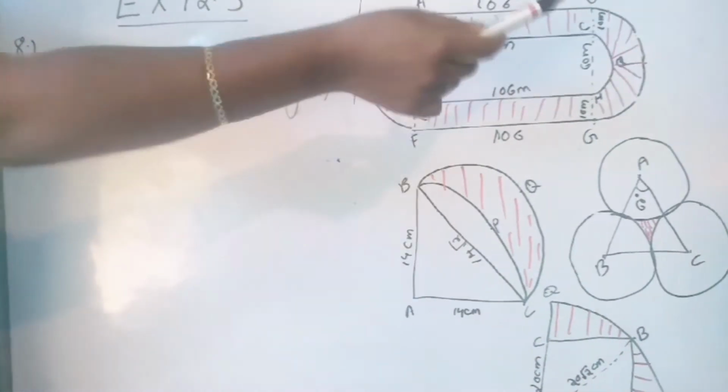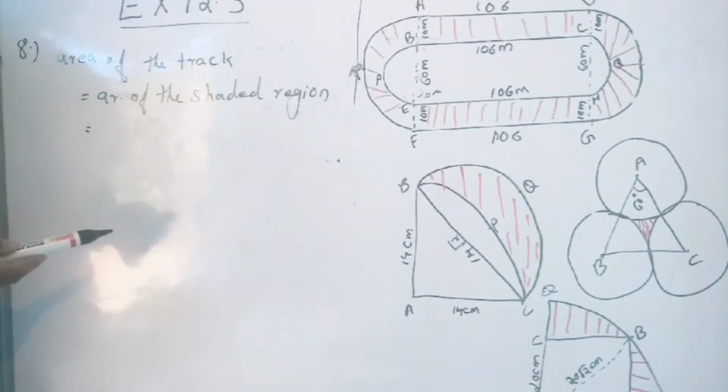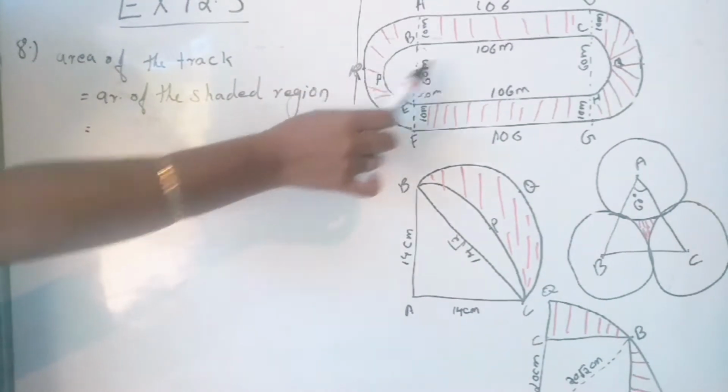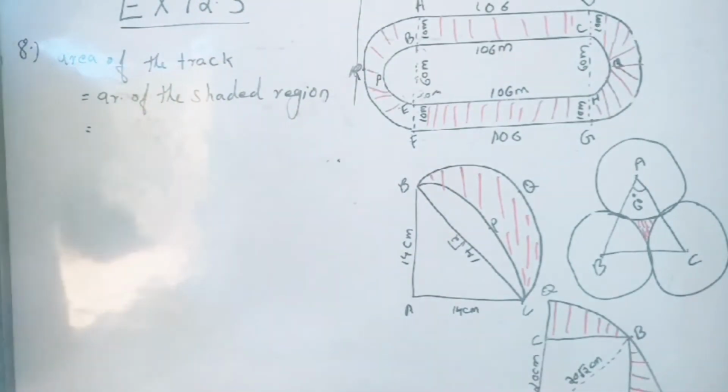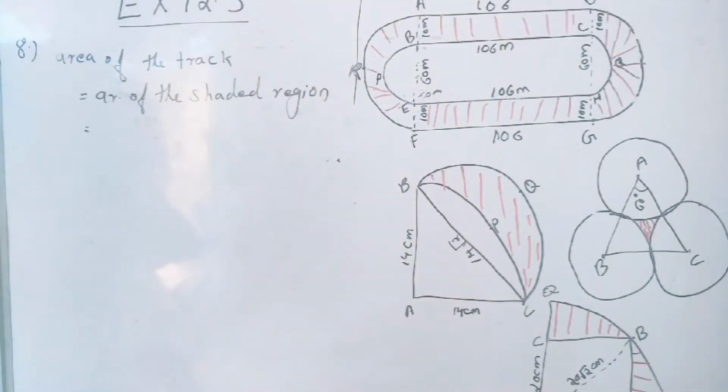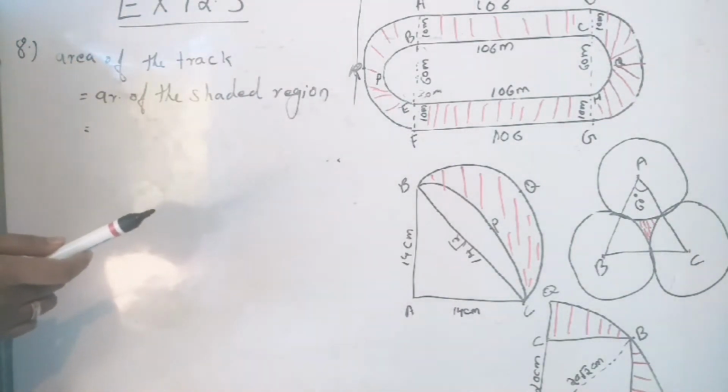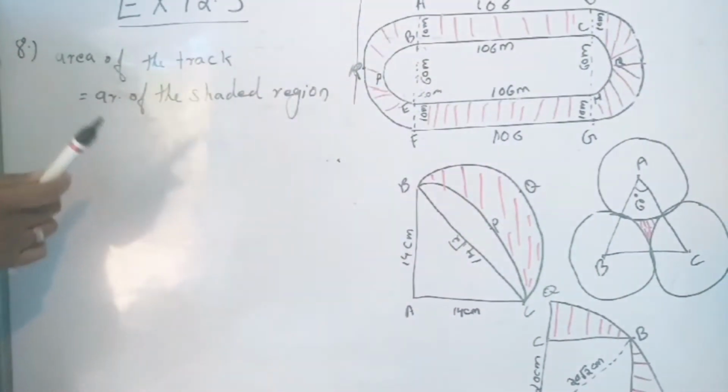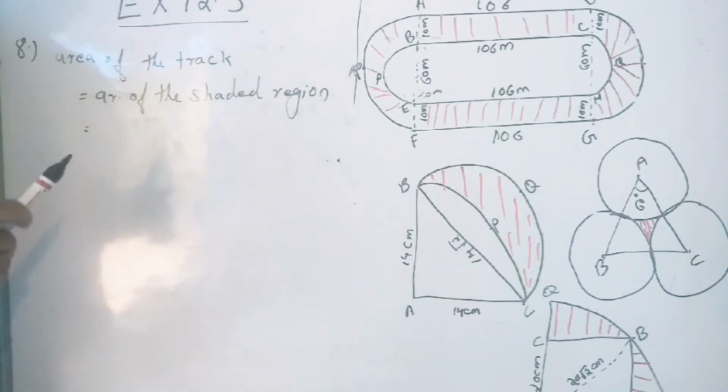And on the left and right we have circular ends, so we need to find the area of the shaded portion in the left and right ends. Actually, that is the area between two semicircles. On both sides we have the same semicircles.